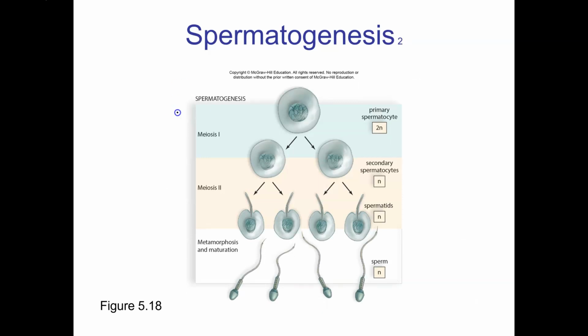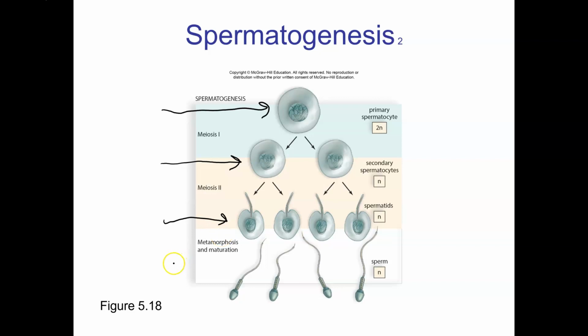So here you see the initial primary spermatocyte. It undergoes its first meiotic division, producing secondary spermatocytes that are haploid. These go through a second meiosis, producing haploid spermatids. Spermatids then have to go through a maturation process.